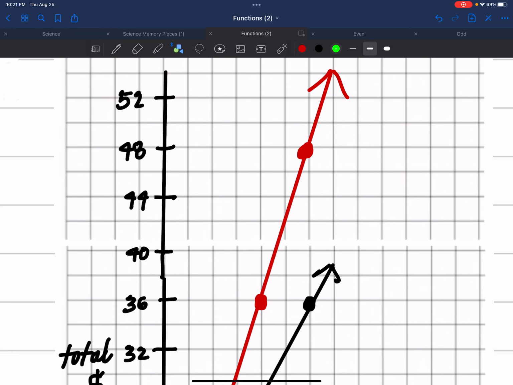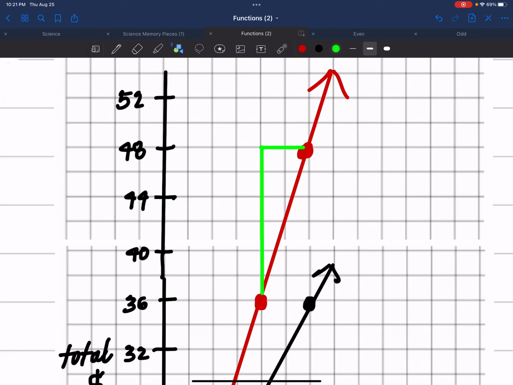So the rise on this red line is 1, 2, 4, 5, 6. Whoa, I went by it. Sorry. It's 6 units up and 2 units across. But instead of the units, I want to actually use the dollar amounts.